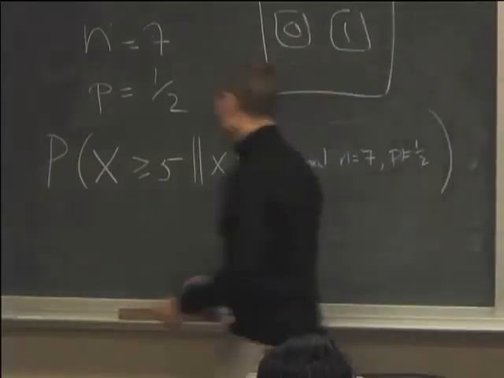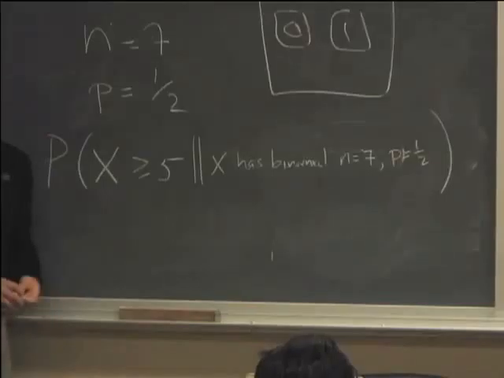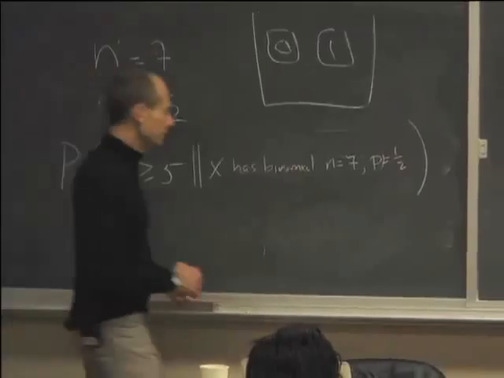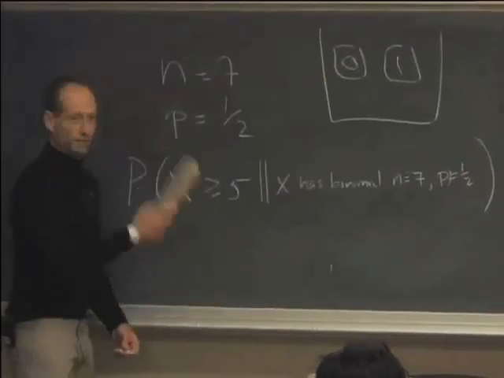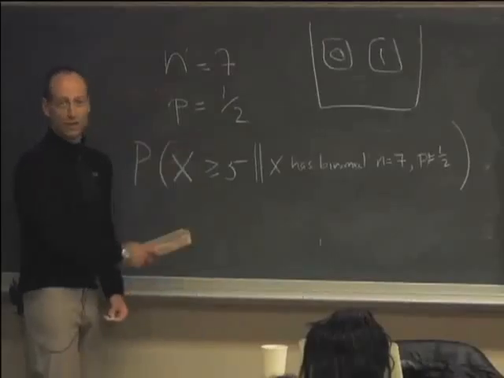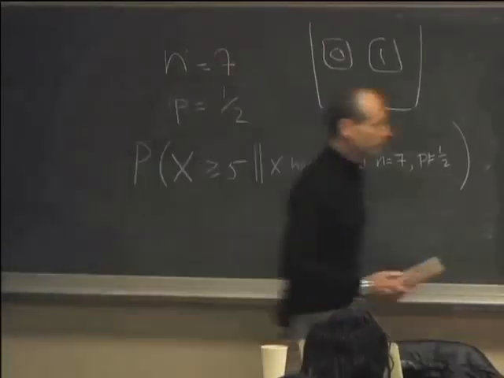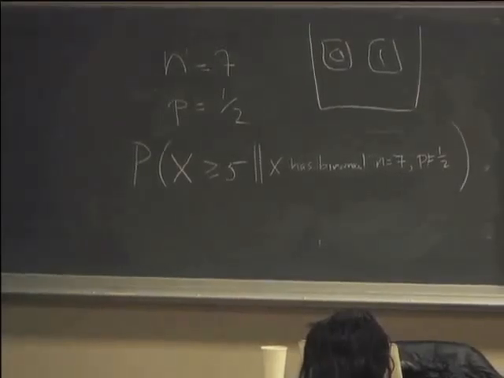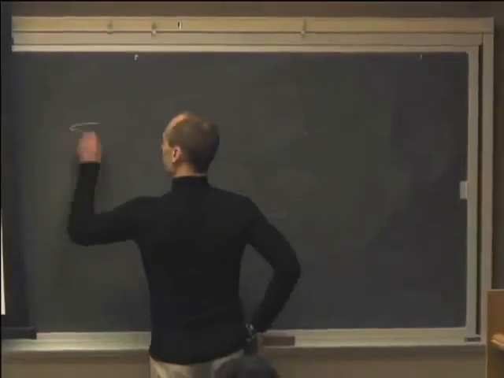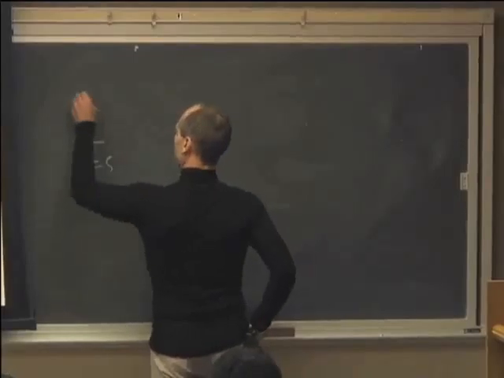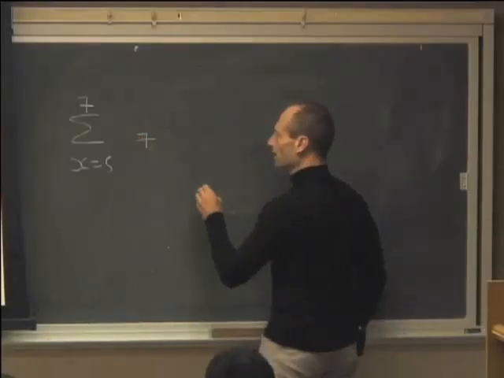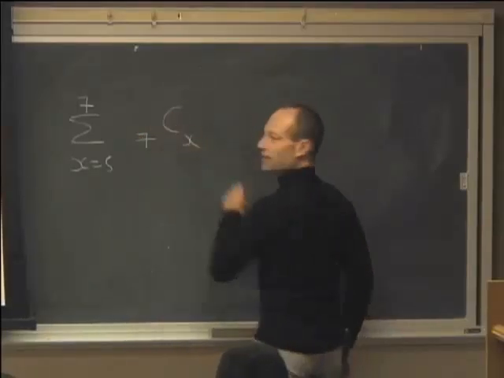So what is the probability that x is greater than or equal to 5 if x has a binomial distribution with n equals 7 and p equal a half? Well, it's the chance that you get 5 heads or 6 heads or 7 heads, right? That's how you get greater than or equal to 5. Okay, so that is then the sum from x equals 5 to 7 of, out of the 7 tosses in all, we need to get x heads.